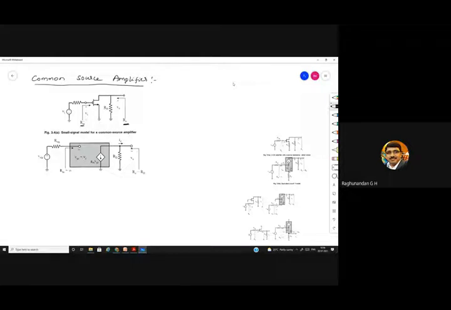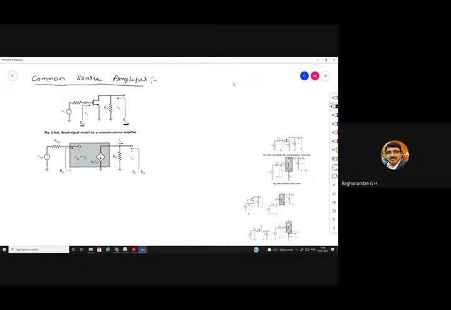But here we are just discussing a basic one, without expressing it in terms of any biasing technique. Rather, we are going to take the MOSFET in different configurations like common source, common drain, common gate, and with source resistance and without source resistance.